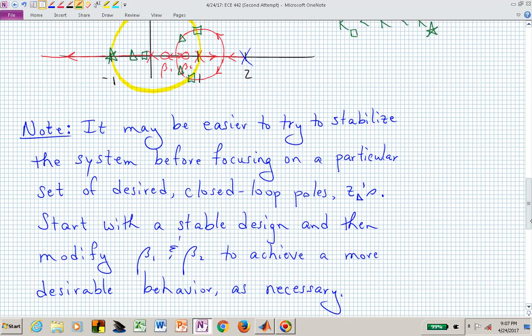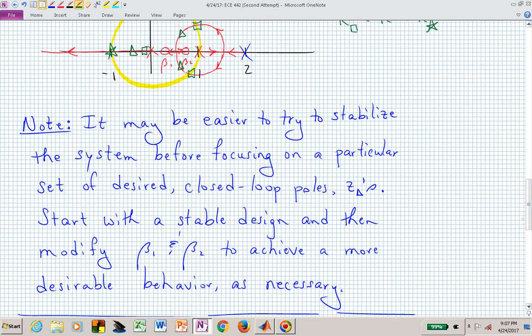With this PID controller, here's maybe the strategy that we want to think about, and that is to go ahead and select beta 1 and beta 2 to give us a stable closed loop system, and then manipulate those in a way that we will then achieve a more acceptable closed loop behavior.